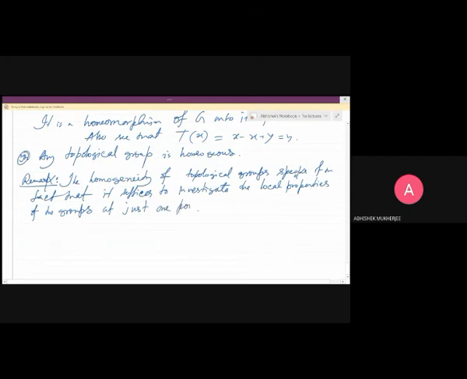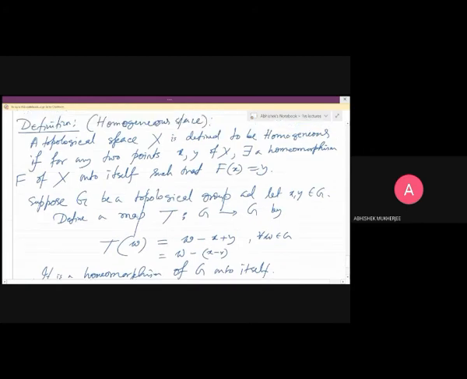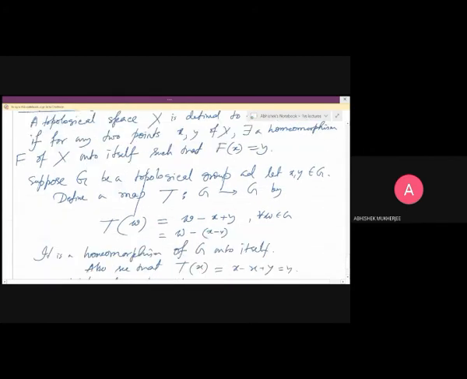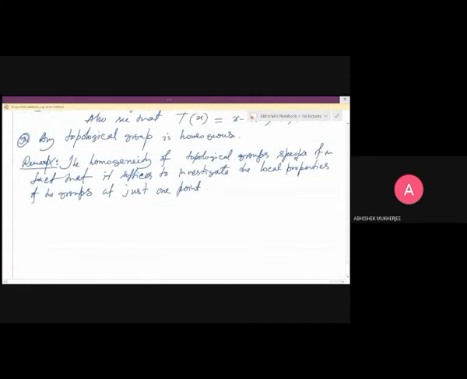Because you can define a homeomorphism from G to G which sends any point to another. So you can always transfer the set of all neighborhoods around any point to the set of all neighborhoods around another point. Whenever you are considering local properties, you can investigate them at just one point.